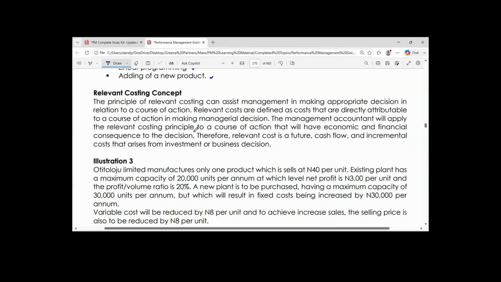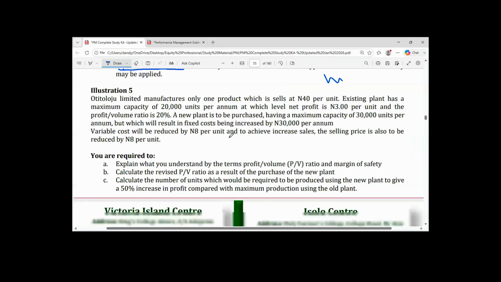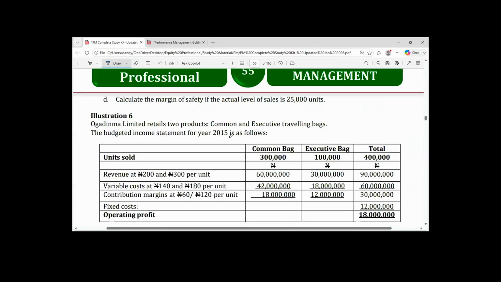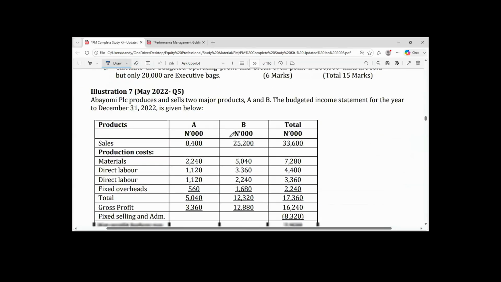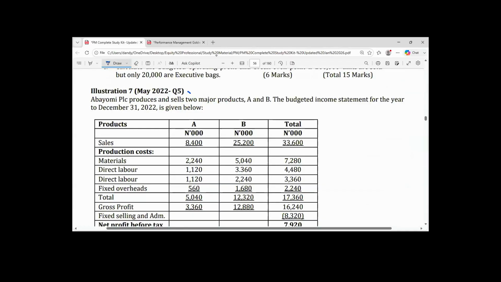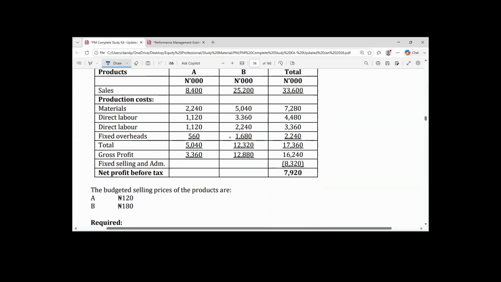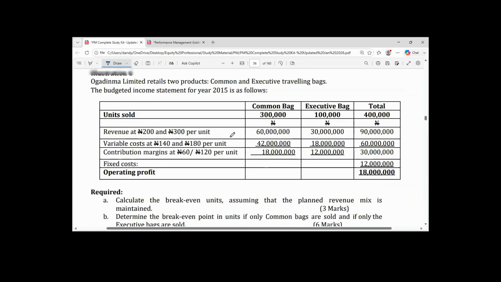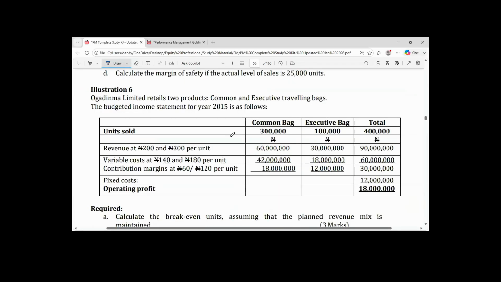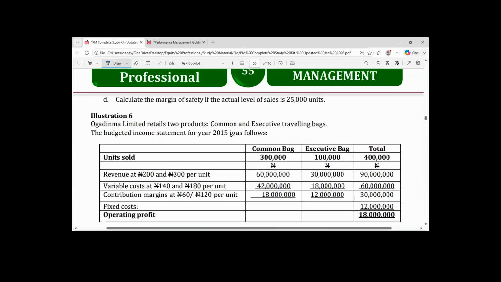Okay, so let's move to another illustration. Let's now go to multi-product break-even. We treat this one. This is the last question tested by ICAN on CVP. So that will be in our next class. Let's solve one more illustration under multi-product.